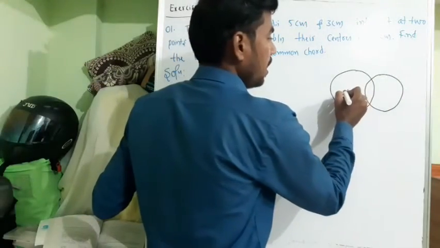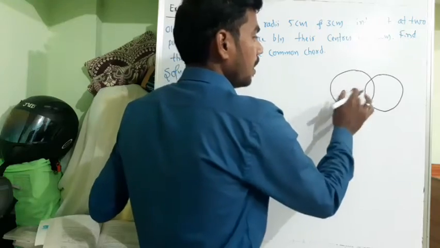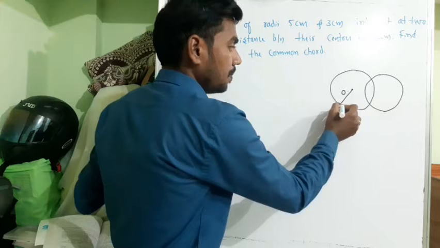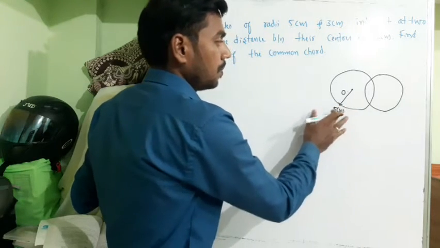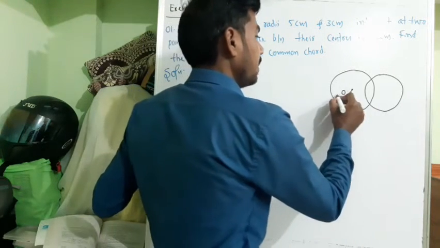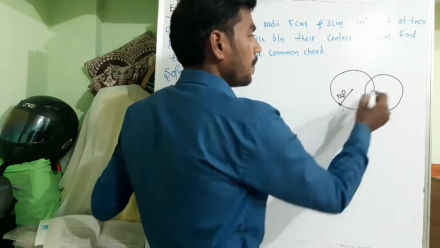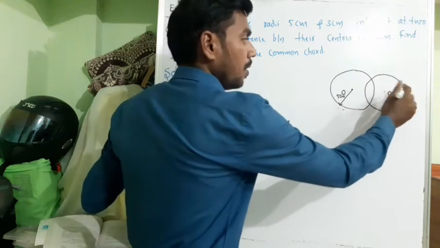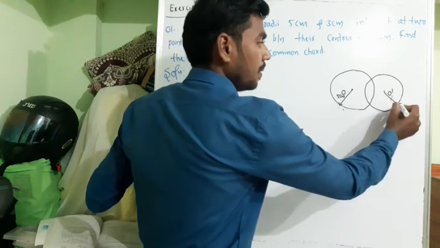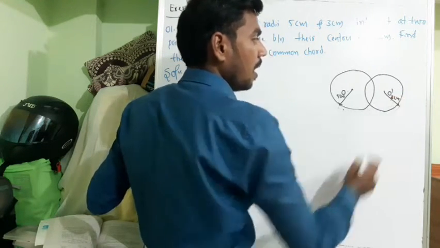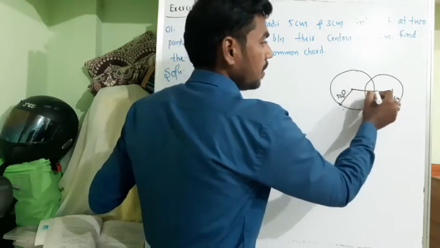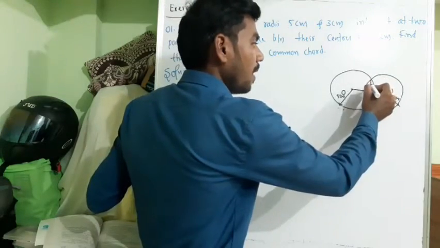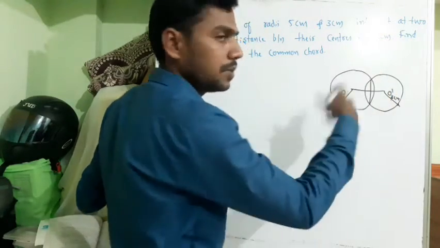Let O be the center of the circle with radius 5 cm. Next, O dash be the center of the other circle with radius 3 cm. And the distance between these two is given, that is 4 cm. Now, you will find the common chord between these two circles.